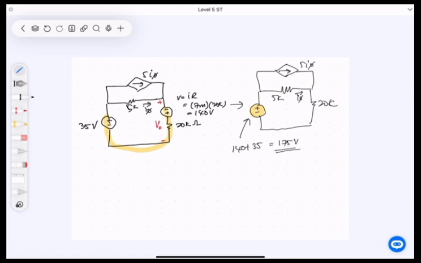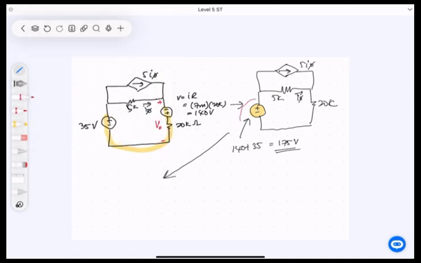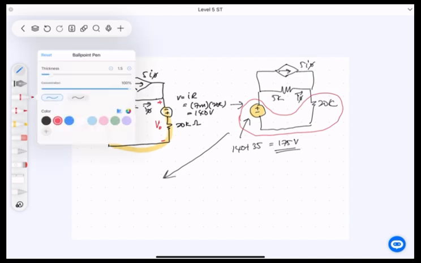Okay, now after that, there's nothing else that I can do, so I know that I should be able to transform. Next step, transform again. So what am I transforming? This time I'm transforming this. When there is a voltage source in series with a resistor, I can transform it to become a current source in parallel with that resistor.